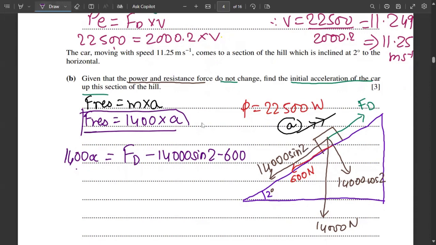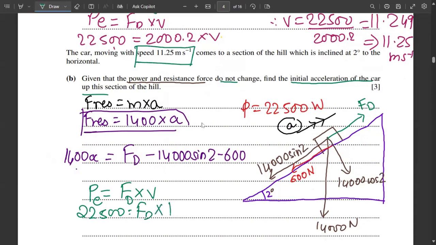So now what to do to find the initial acceleration? We also know that power is equal to force into velocity. Now, what is this power? Power of engine. And what is this force? The driving force. What is the power of engine? 22500. What is the driving force? Driving force we have to calculate. And what is the velocity? The velocity is 12.5 meter per second.